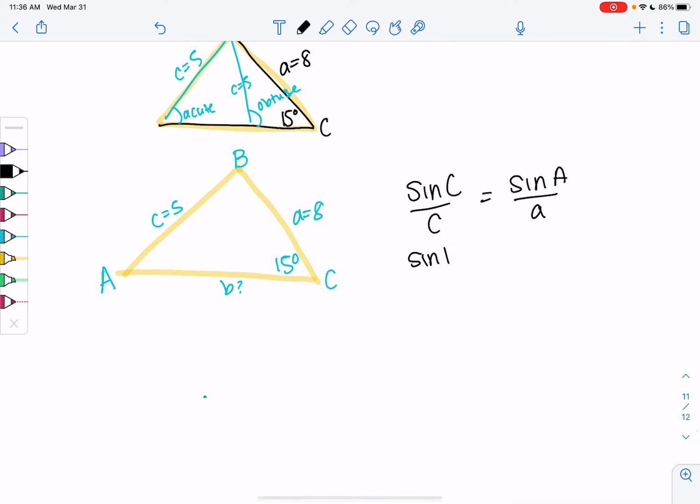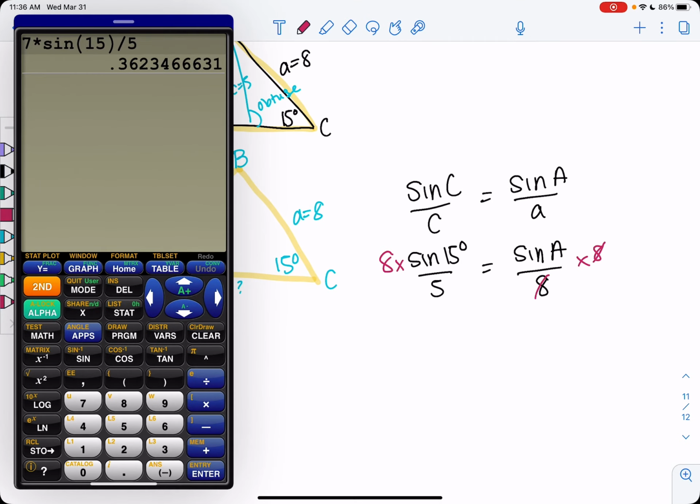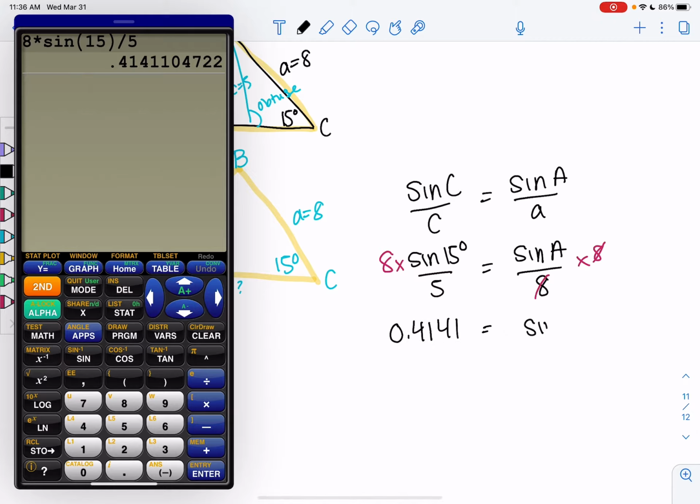So sine of 15 degrees over 5 is sine of A over 8, and we'll quickly multiply by 8 and pull out our calculator. Okay, so 8 times sine 15, double check you're in degrees, divide by 5. 0.4141 equals sine of A, and then to solve for an angle we take the inverse sine.